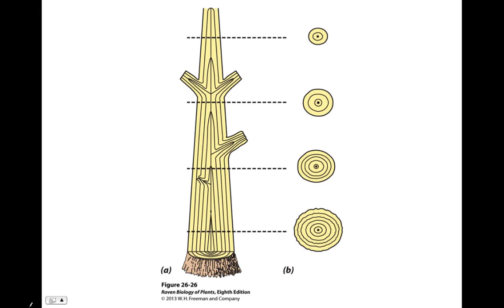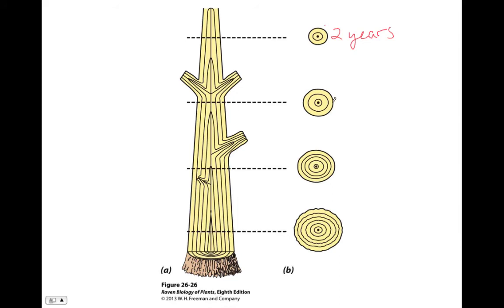Now, if you're going to take a core of a tree in order to assess how old the tree is, it's really going to matter how high up on the tree you're going to be taking the core. Because if you take a core from up high, let's just imagine here, if you took this core and you counted, you'd measure 2 years.